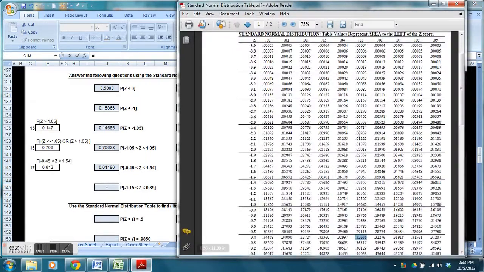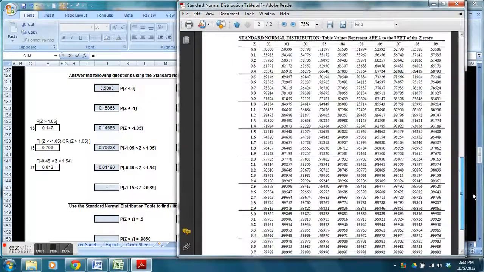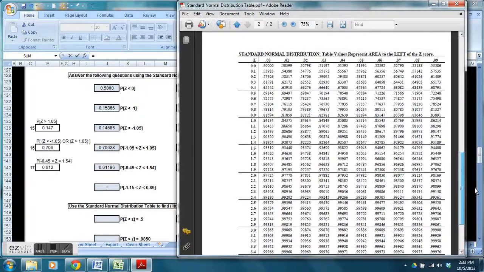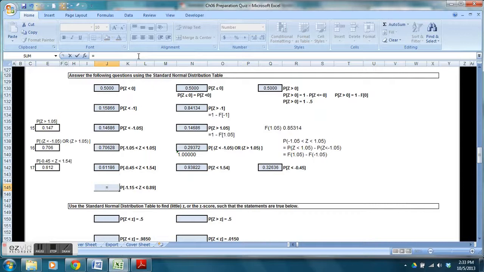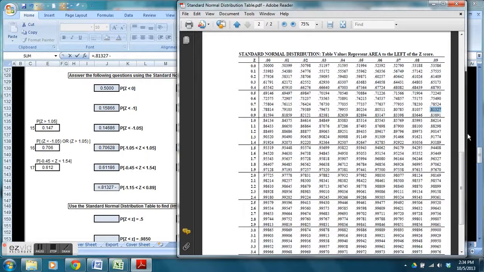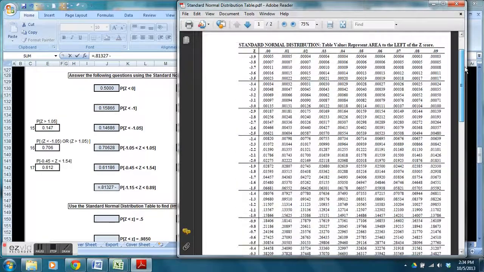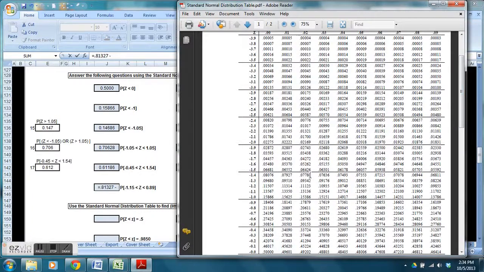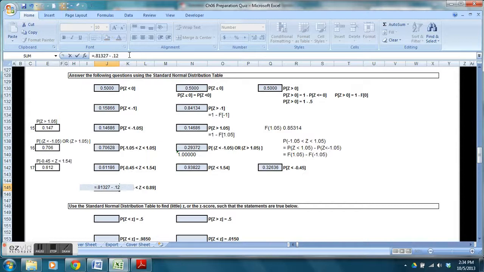Everything less than 0.89 looks like this guy: 0.81327, minus everything to the left of negative 1.15. 1.15 looks like that guy: 0.12507. There we go. Alright.